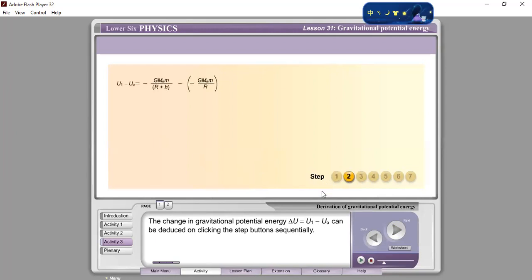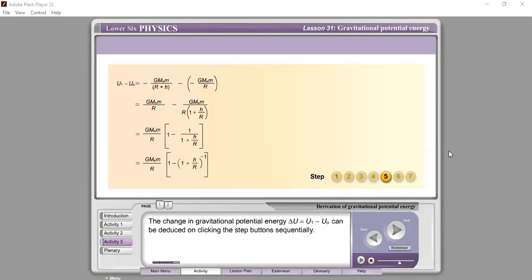U1 minus U0 equals negative GM over R plus h, minus negative GM over R, which equals GM over R minus GM over R times 1 plus h over R, which equals GM over R times 1 minus 1 over 1 plus h over R, which equals GM over R times 1 minus (1 plus h over R) to the power negative 1.